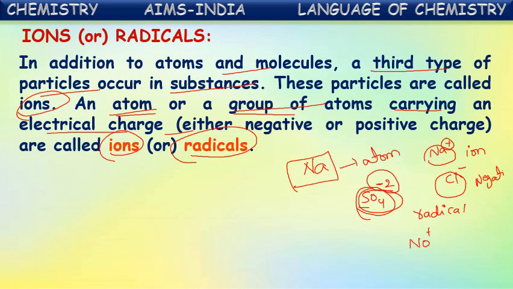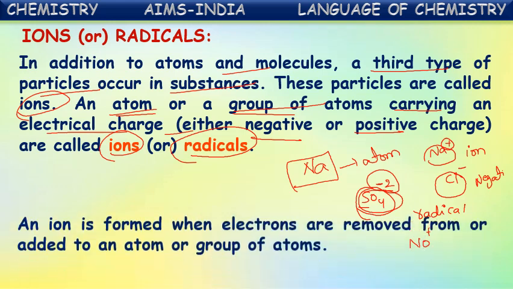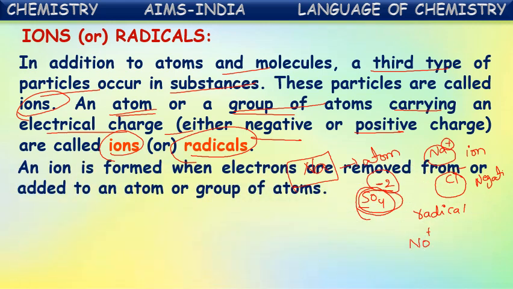So what is meant by ion or radical? Now you have clarity: an atom or group of atoms carrying an electrical charge, either a negative charge or a positive charge, is called an ion or radical. An ion is formed when electrons are removed from or added to an atom or group of atoms.